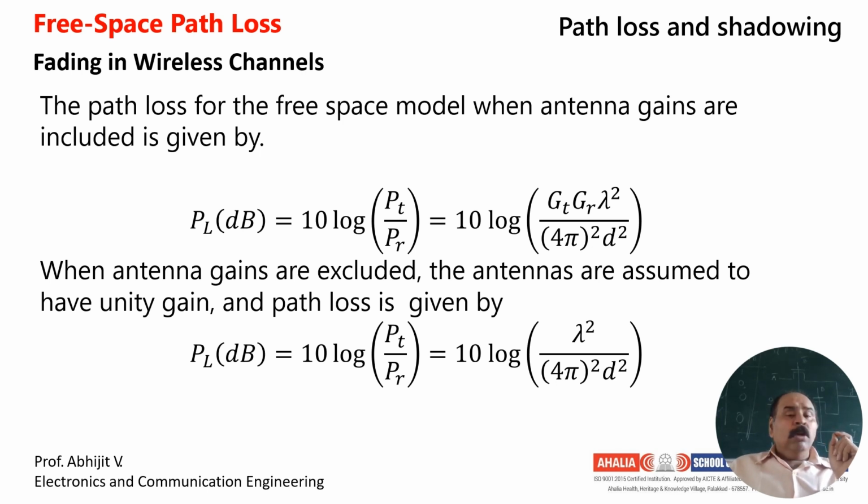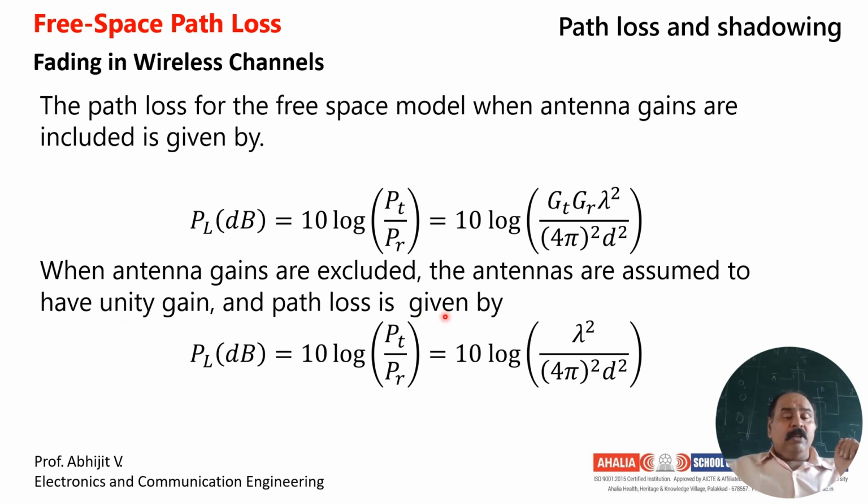That is equal to 10 log of GT GR lambda square by (4 pi) whole square d square. On substitution, we get this. Now, substituting the equation we have already derived, we get the linear path loss PL in dB equal to 10 log of lambda square by (4 pi) whole square d square.